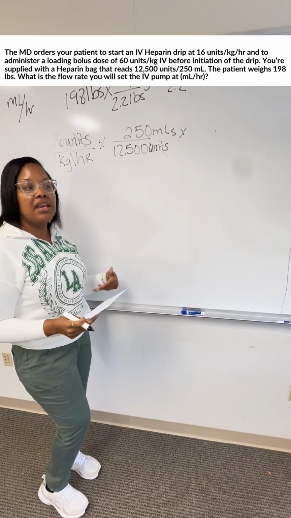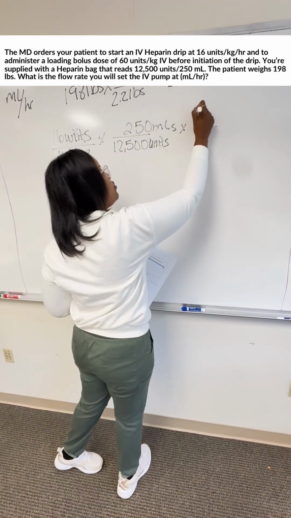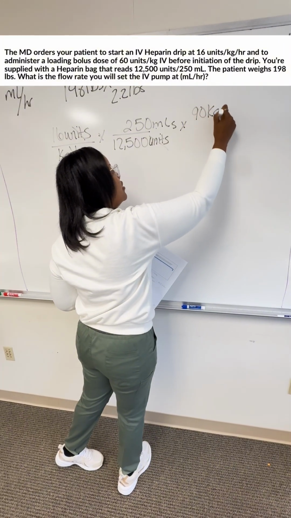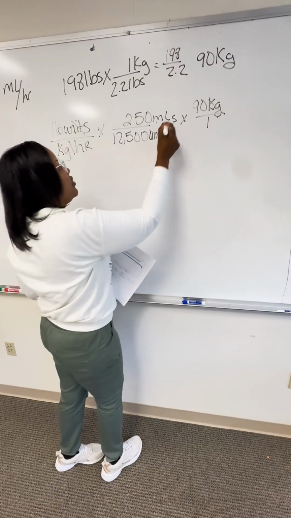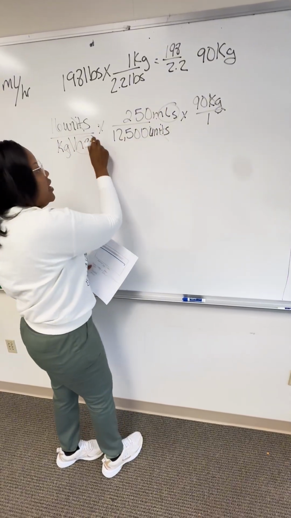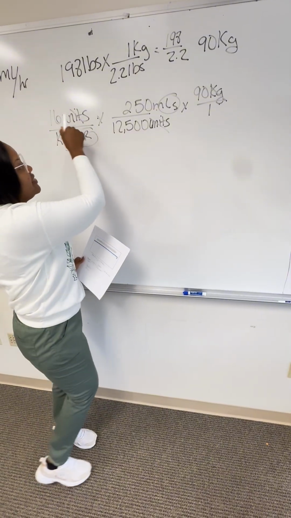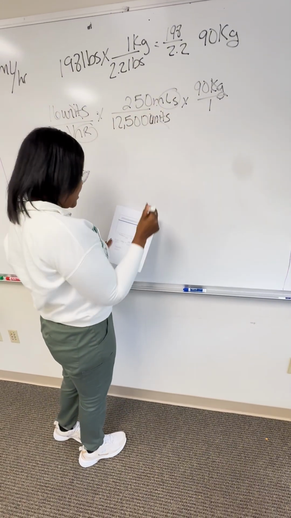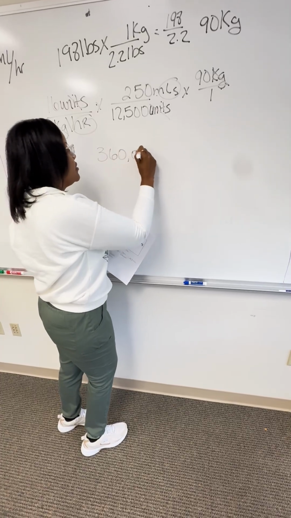But our answer needs to be in mLs per hour. So let's cancel out our kgs. So it says that our patient is 90 kgs. So you can put 90 over 1 if you want to. Kgs cancel out, and we're left with mLs per hour. So let's multiply straight across. So we're going to multiply 16 times 250 times 90, and that's going to give us 360,000.